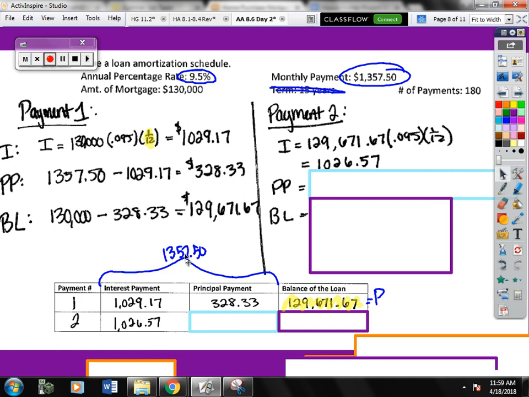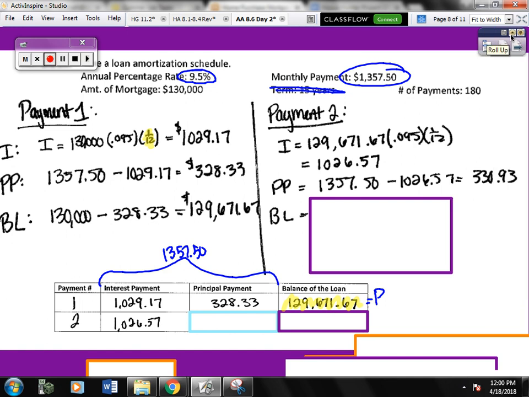So now we'll take our payment minus the interest to see how much is going towards principal. And the balance of the loan, make sure you do not subtract from the original.